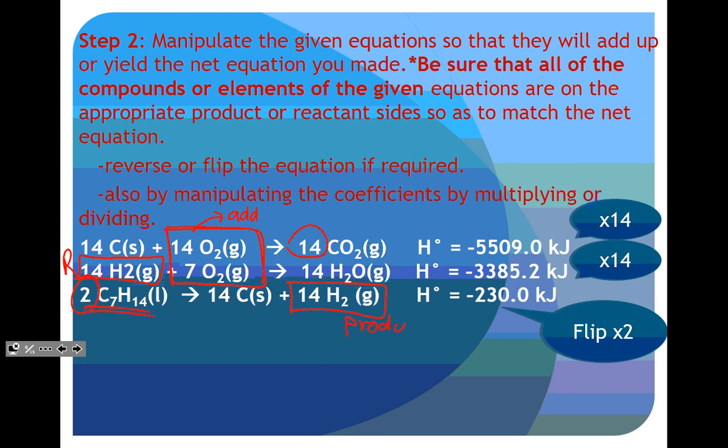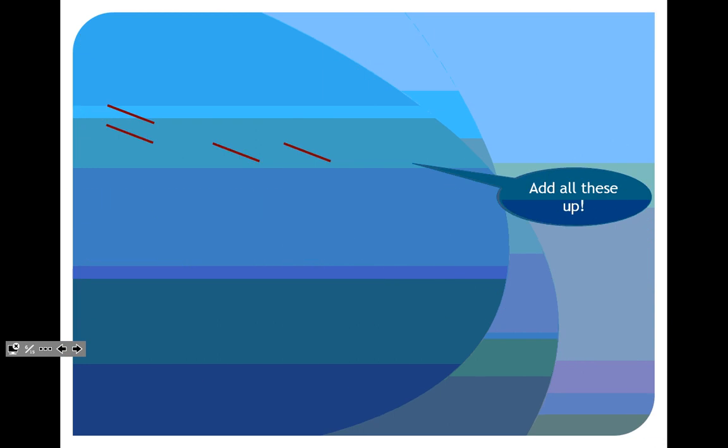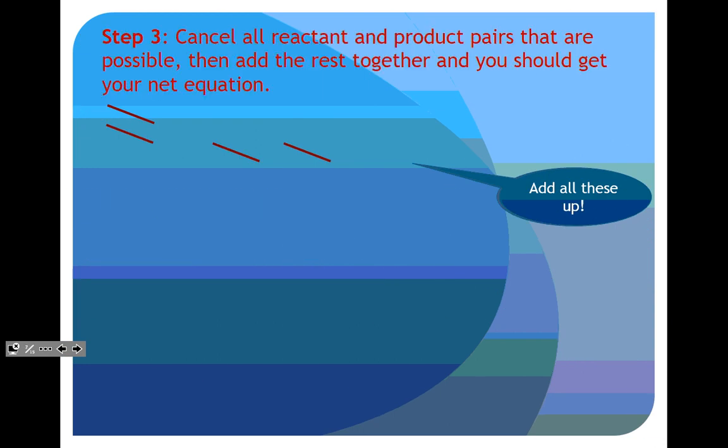Because they're the same, but one's on the reactant, one's on the product side, they actually cancel out. Notice that there's 14 carbons here, reactant, 14 carbons here, product. They cancel out too. They have to, because if I have a reactant and a product and they're exactly the same, they're going to cancel out. So I'm just showing you in a neater way.